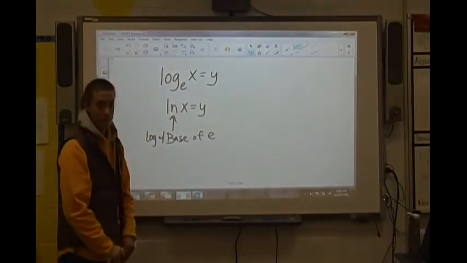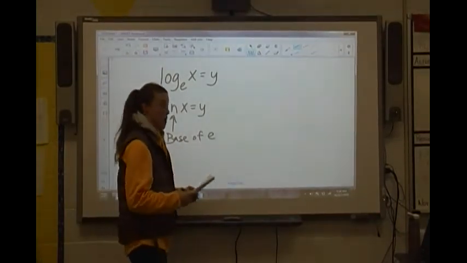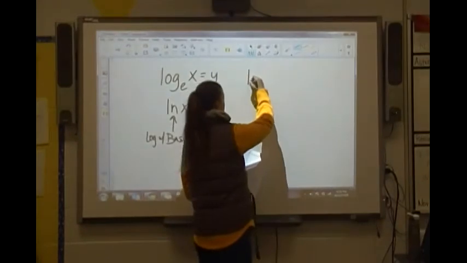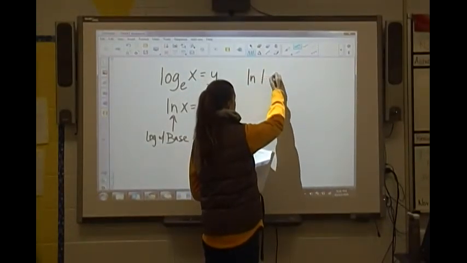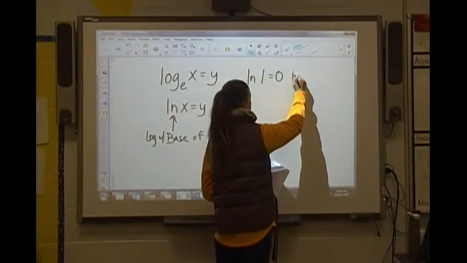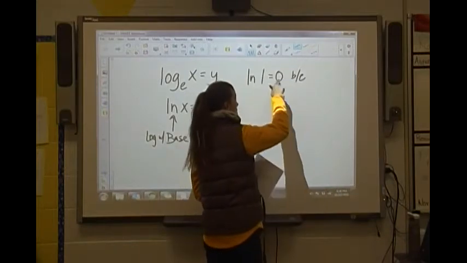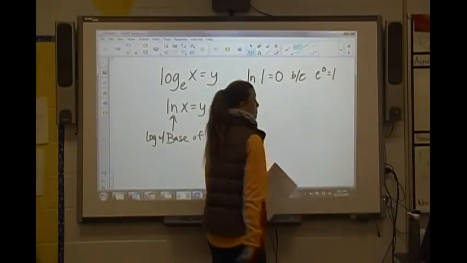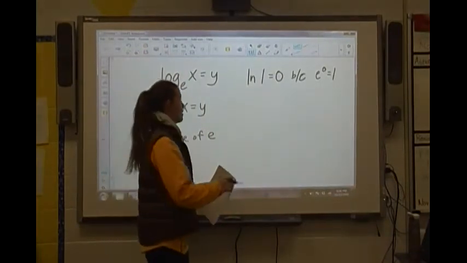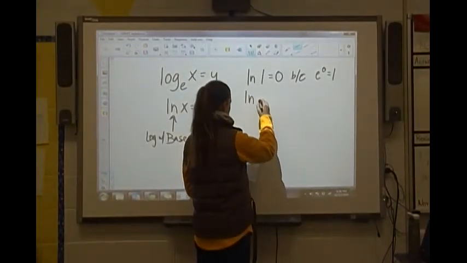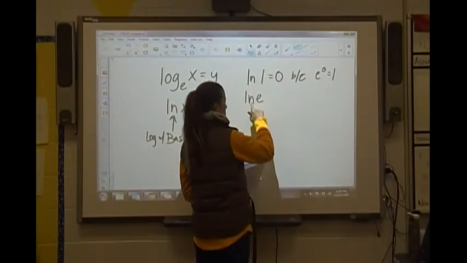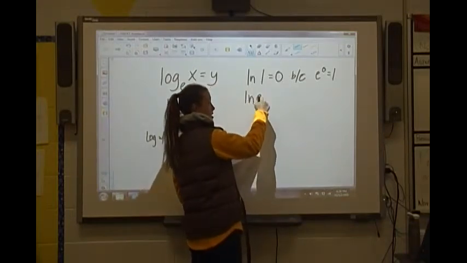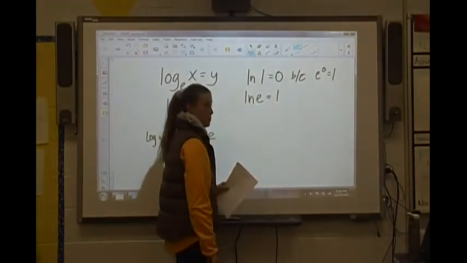So we know that those 5 properties work the same. If I have natural log of 1, it equals 0 because we have e to the 0 power, because e to the 0 power equals 1. So all these properties are going to work exactly the same. If I have natural log of e, the bases match because it has a base of e, so that's going to equal 1.